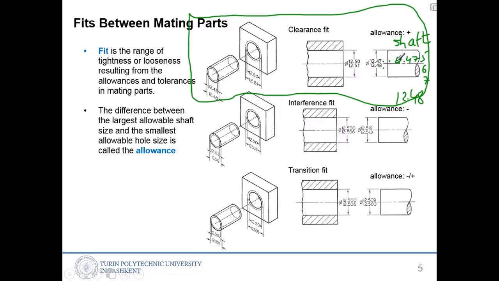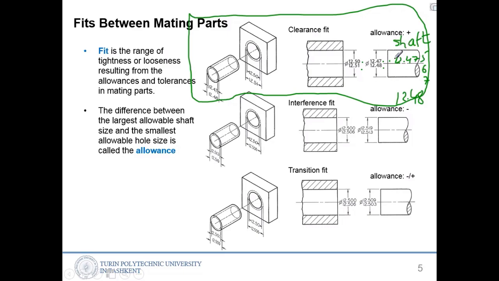All these values can be inserted into the hole, but still there will be a gap. You see the smallest possible hole is 12.50, and the biggest is bigger than this, 12.51.